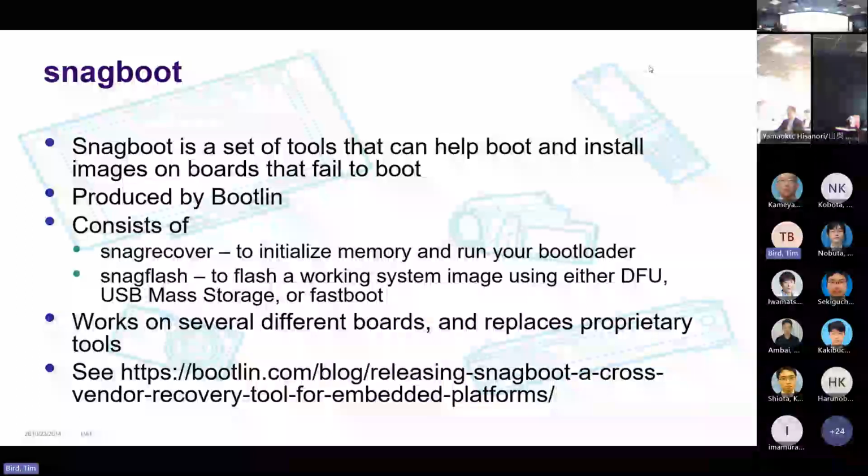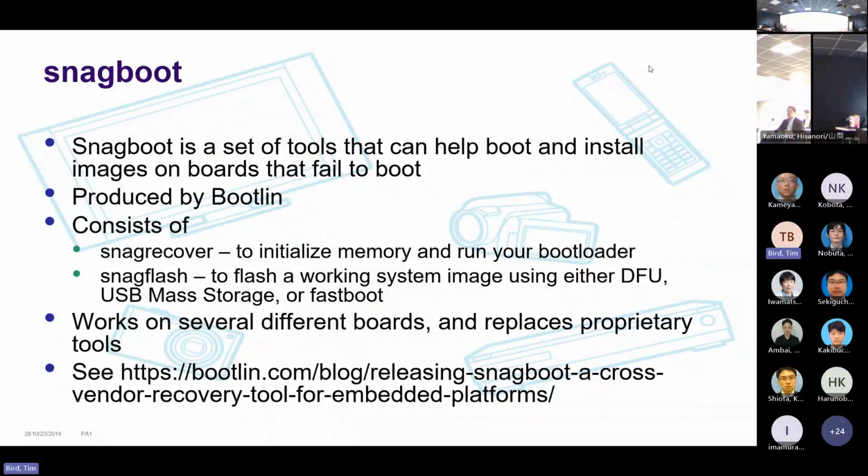This allows you to access the bootloader using a variety of different methods, figures out which one to use, and either uses DFU or USB mass storage or fastboot. You can reflash the image. So this is a way to recover boards that have gotten into a non-booting state.